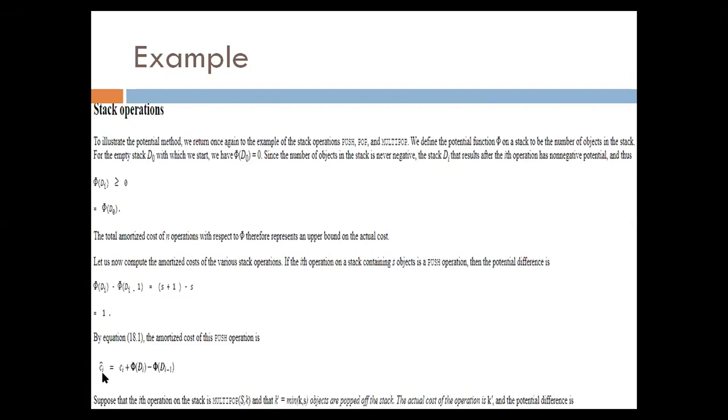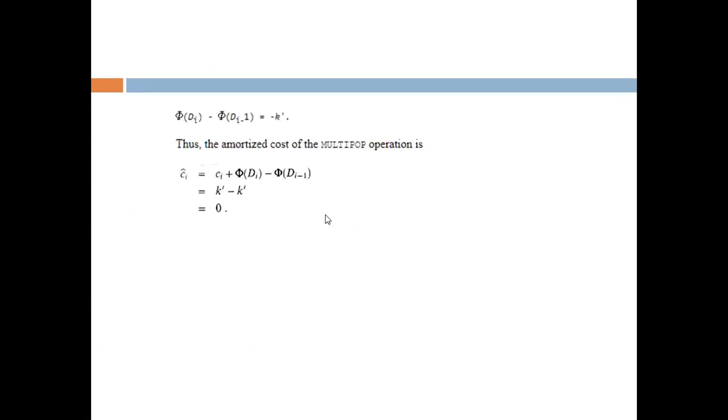After removing the element, the size of the stack is 4. So the potential difference is the current size 4 minus the previous size 5, which equals minus 1. So the potential difference in the pop function is minus 1 and the actual cost of pop is 1. So the amortized cost of pop is 1 minus 1, which equals 0.